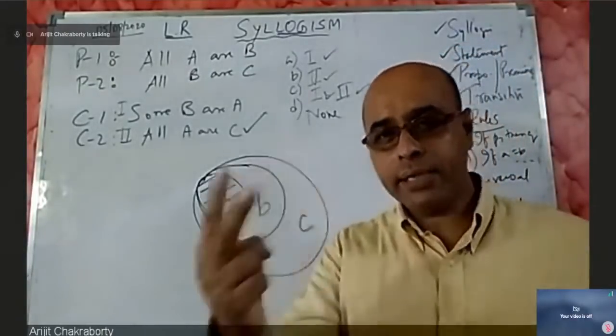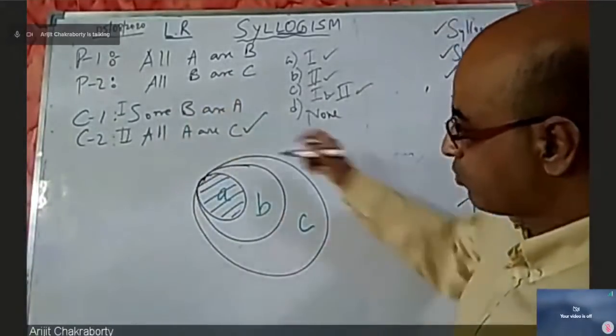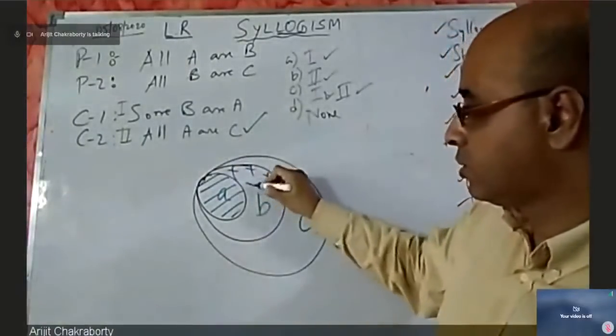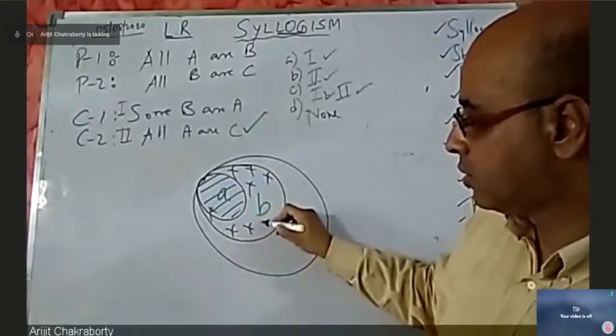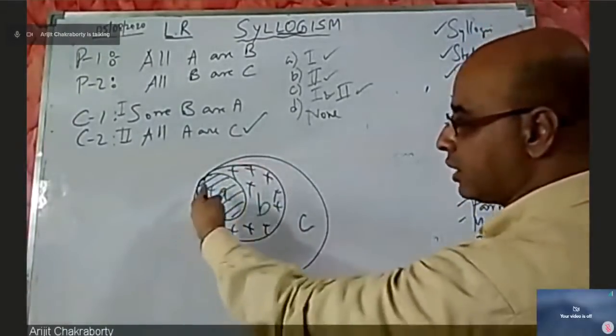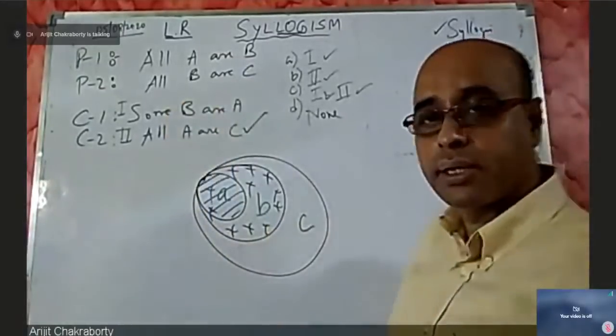The next one, all B are C. So for B, I am using this cross mark. All B is also part of C. So all B are C. Yes, you can say that.